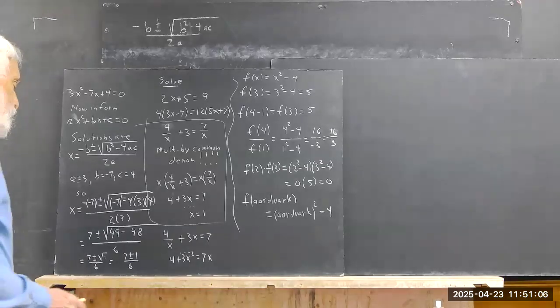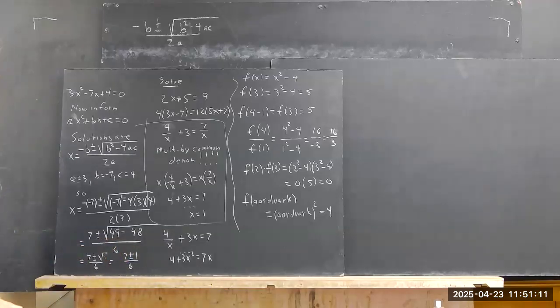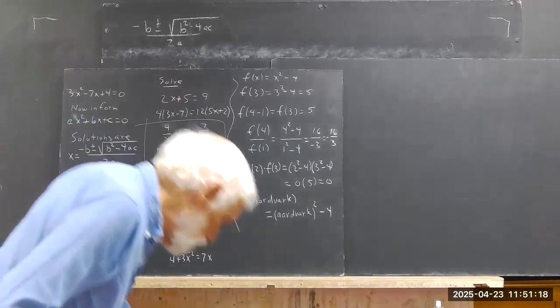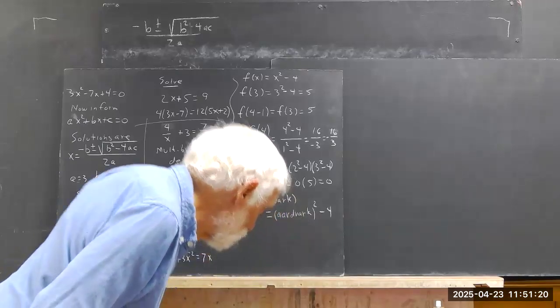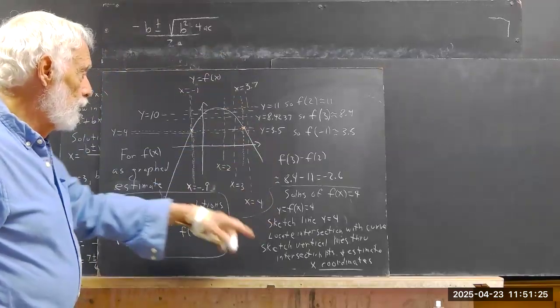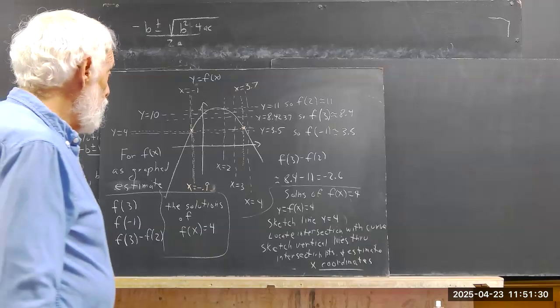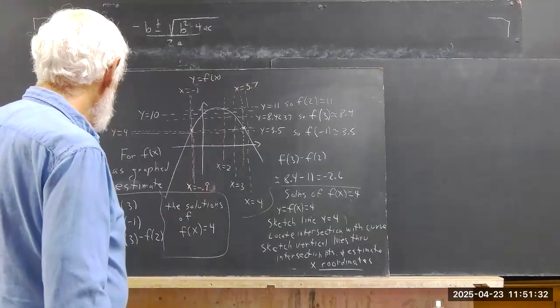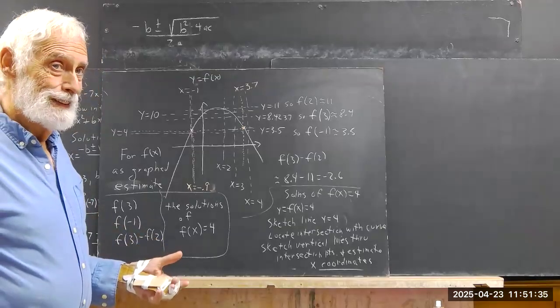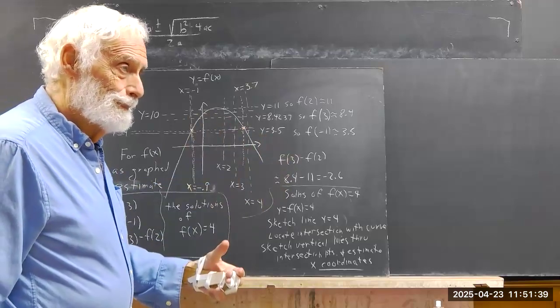Well, that means either 7 plus 1 over 6 or 7 minus 1 over 6. Okay? It's two solutions. Now, just to give you the idea why you get two solutions, it's like this curve. We get two solutions. There's a number in the middle, which in this case would be 7 over 6. And then it's plus or minus 1 over 6.